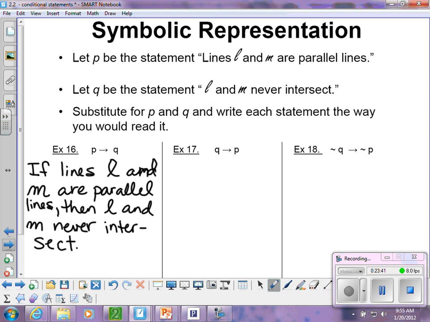All right, so this one is the converse. So that means I flip it, right? So if, what are L and M though? Don't you always have to have the identifying word up there?